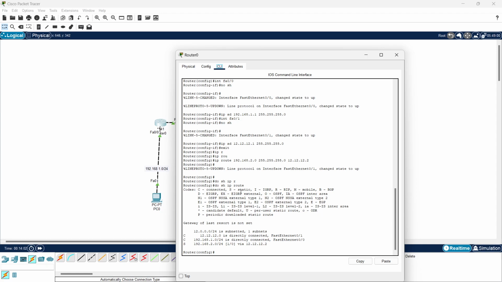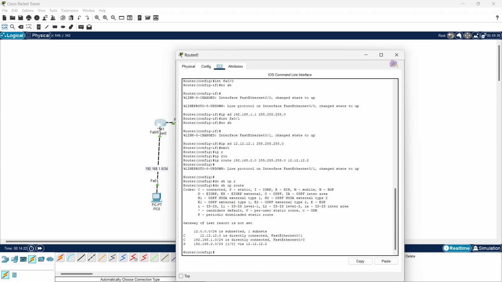As you can see there, I have made it before: this IP route 192.168.2.0 with the prefix 24, and then with the gateway, the IP address of router 1, the second router.